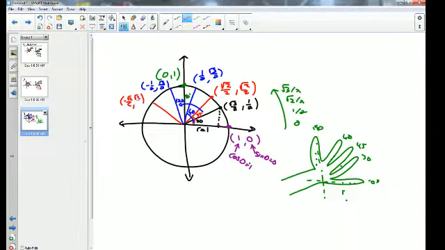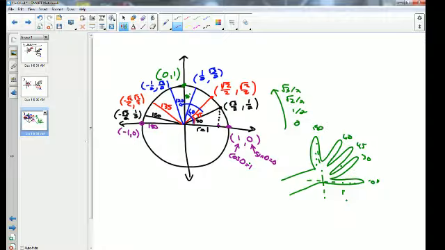That's 135. What about 150? And then 180? Next is negative 1, 0.